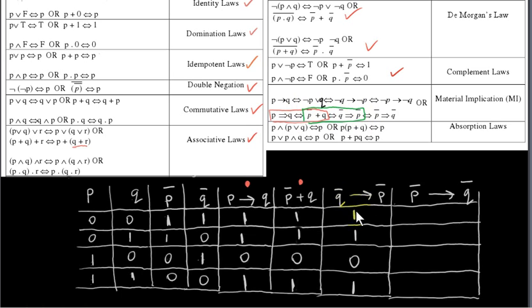Well, P bar or Q is this column here. So here's the column for Q bar implies P bar, and we can see that this column is indeed equivalent to this column here.